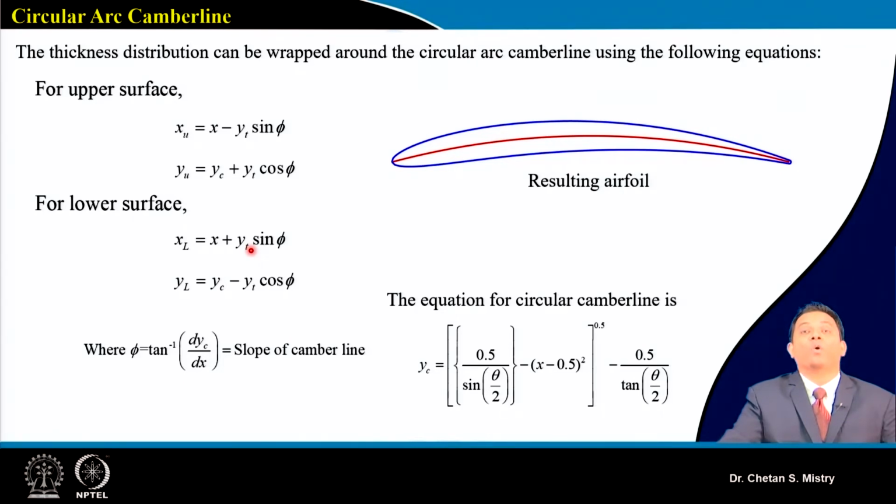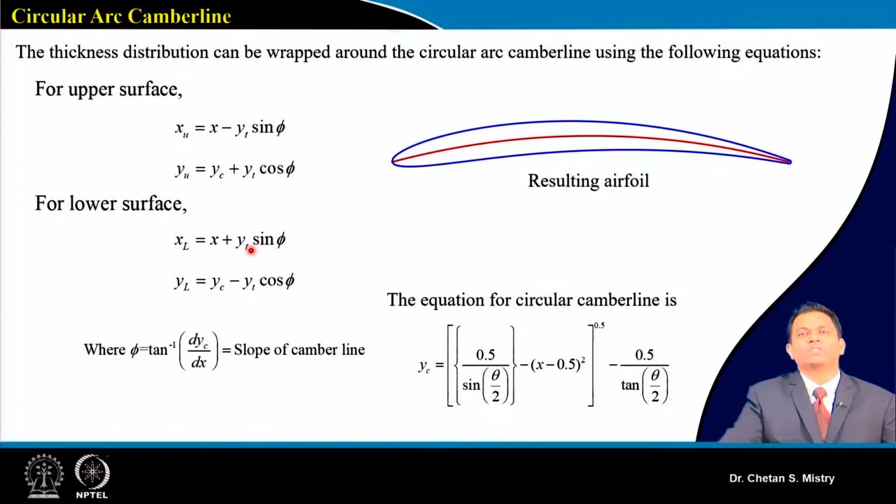This is how we make our C4 aerofoil at a particular station using a circular camber line. I am sure you are able to understand what we are discussing.